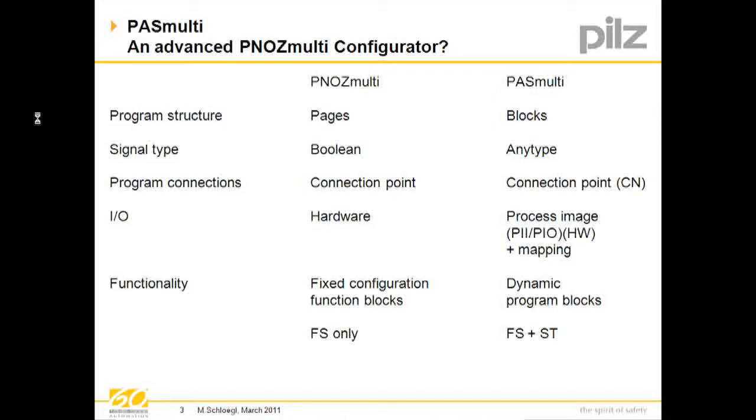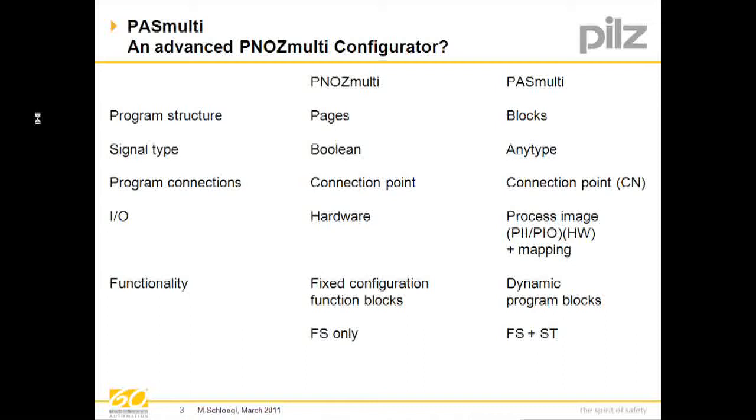Looking at the PASmulti, at the first step there is a connection point at the block border, very similar to the PNOZmulti, but there are two additional connection points: a parameter point and a process image point, which leads us to the I/O capabilities and the I/O programming capabilities within those editors.